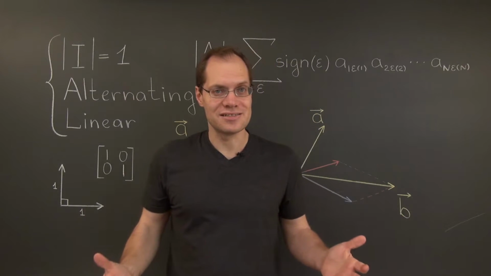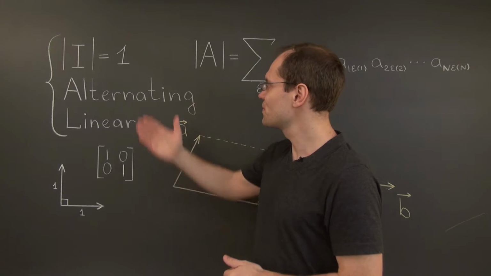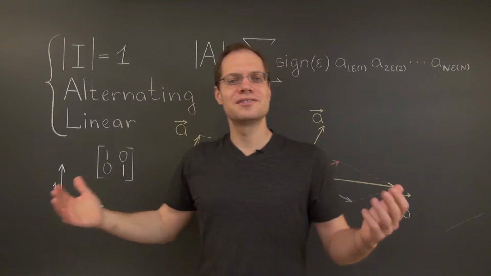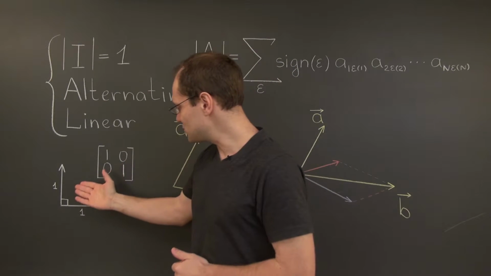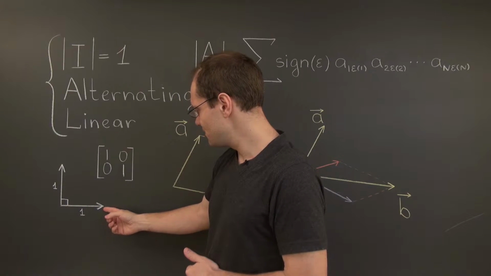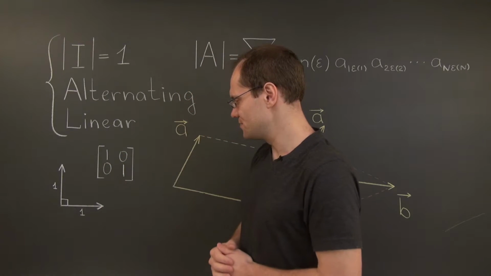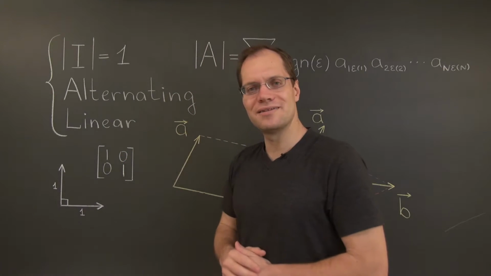And the question is, what physical vectors does the identity matrix whose determinant is 1, correspond to? And the answer is, of course, the vectors of the bases themselves, because this vector right here has components 1, 0. And this vector right here has components 0, 1.